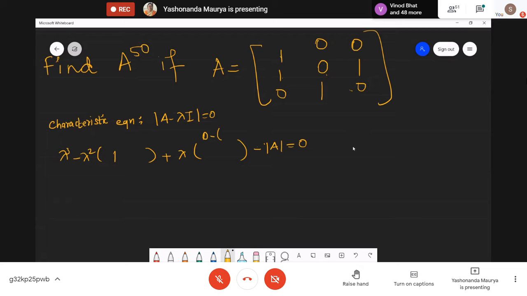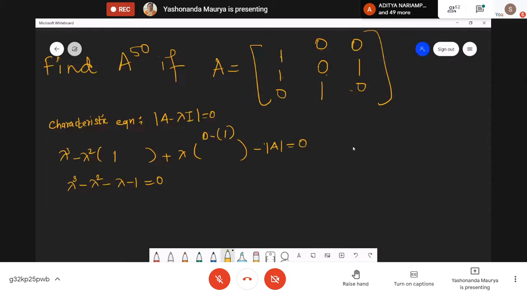Minus, what comes here? 1 into 0, 0 into 0, 1 into 1, so it will be minus 1. Correct. And the determinant is 1. So what we get is lambda cube minus lambda square minus lambda minus 1 is equal to 0.